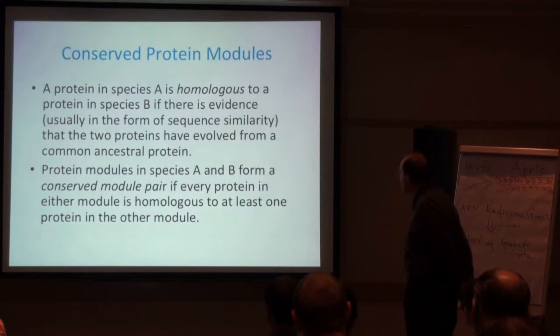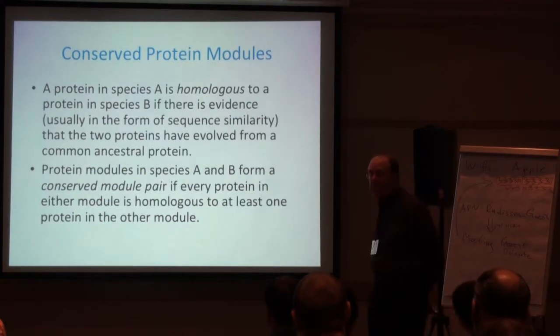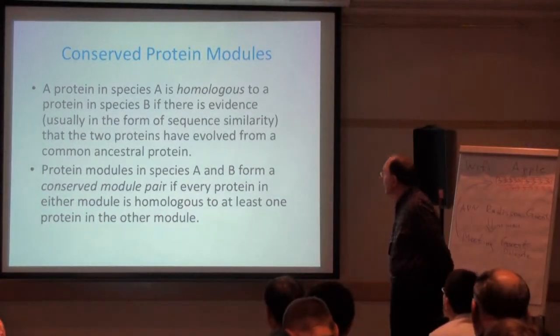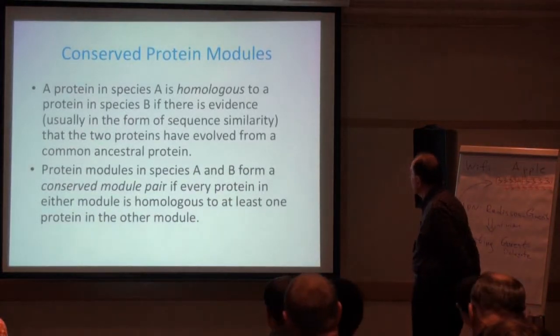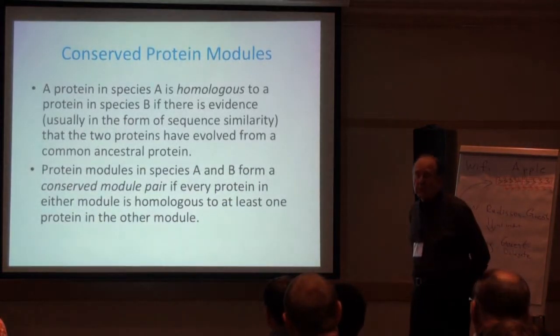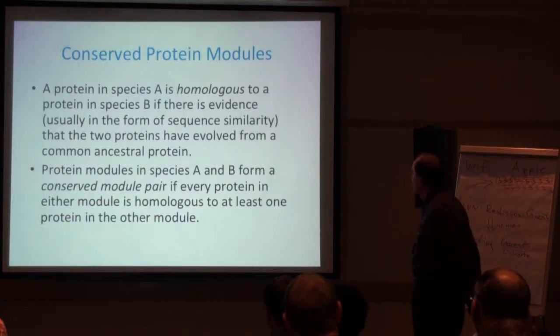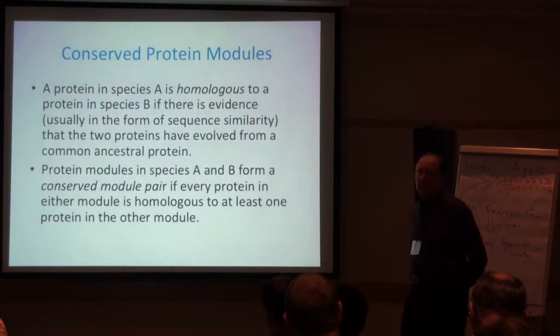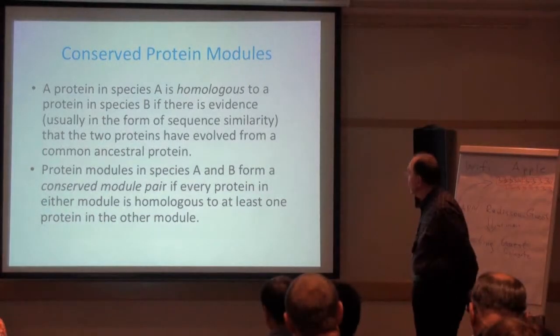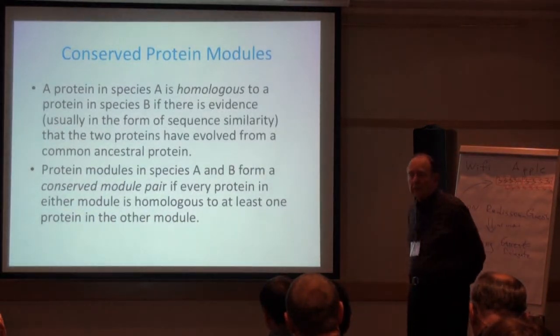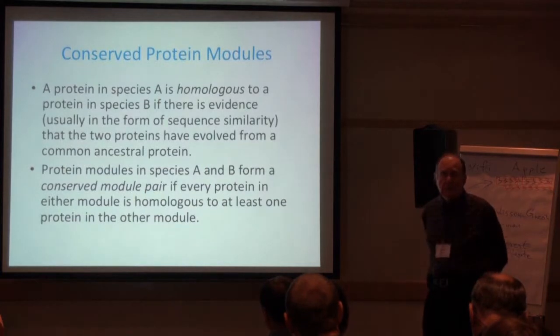So here we use the notion of homology between proteins. So we say that two proteins, either in the same or in different species, are homologous if there's evidence that the proteins have evolved from a common ancestral protein. And that evidence is most commonly reflected in sequence similarity, although one could look at other things such as similarity of functional annotation.